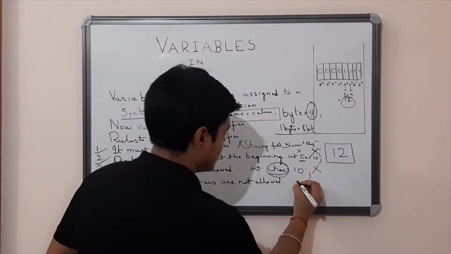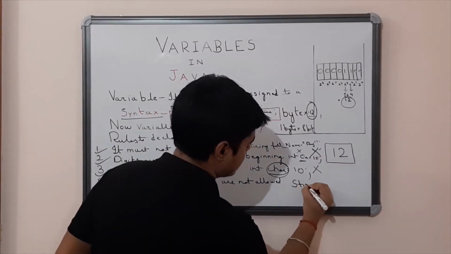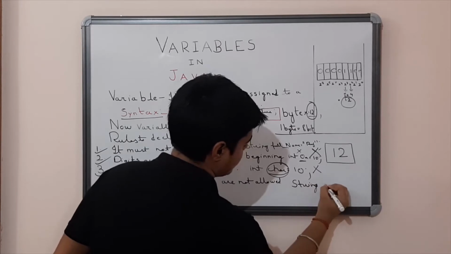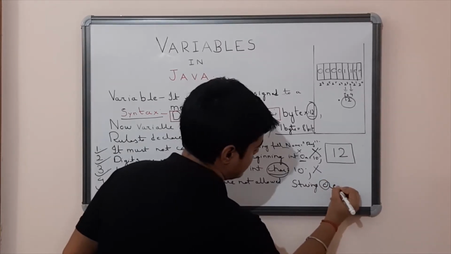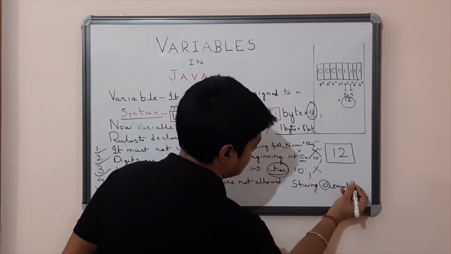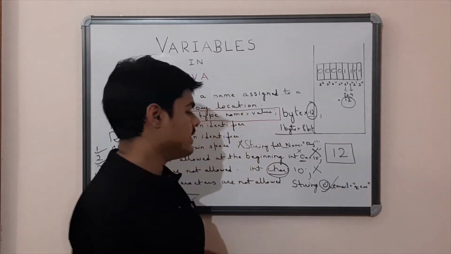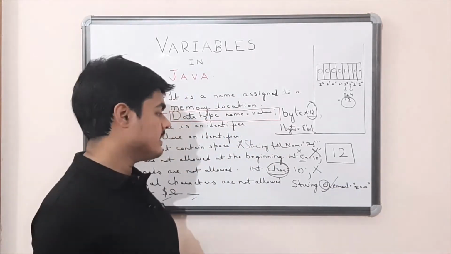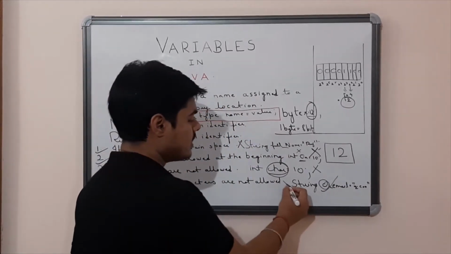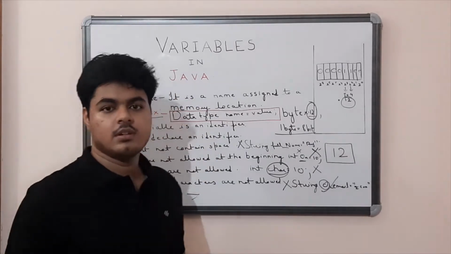Like suppose you are declaring String @email equals xyz.com. Now since this identifier name contains @, it's also not a valid identifier name.